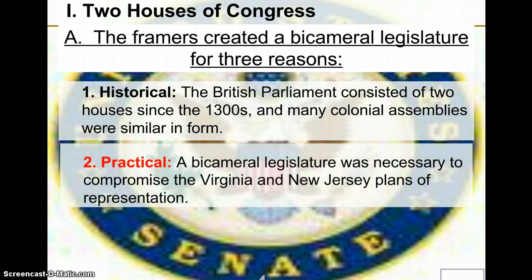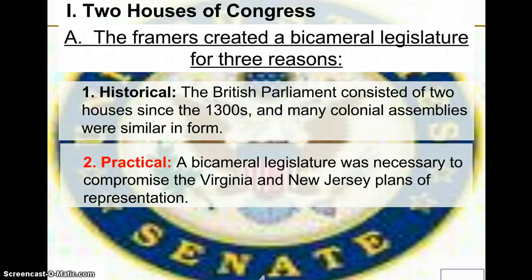There was also a practical reason. A bicameral legislature allowed the framers to compromise in terms of how representation would be determined from each state in Congress. And I don't know if you remember from your U.S. history, but there was the large state plan and the small state plan.